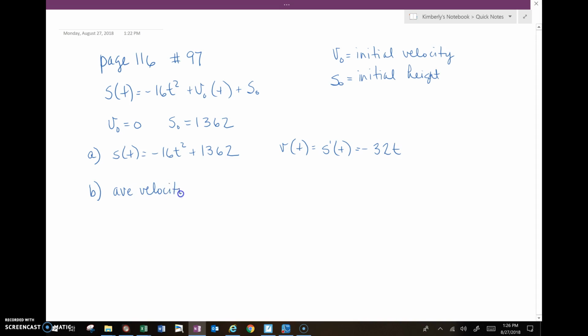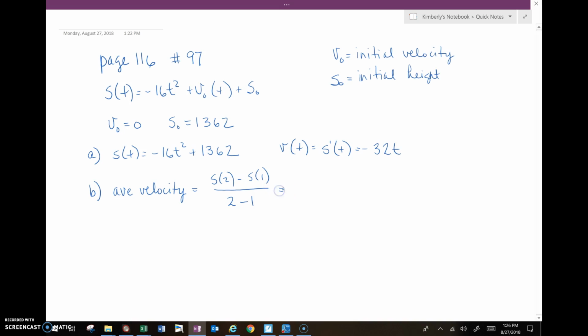So you need to think of average velocity between 2 points as slope of the secant line. So in this case, because it's over the interval 1 to 2, I'm going to do s of 2 minus s of 1 over 2 minus 1. And it's really important that you realize that what you're finding is just slope of the secant line between 2 points.